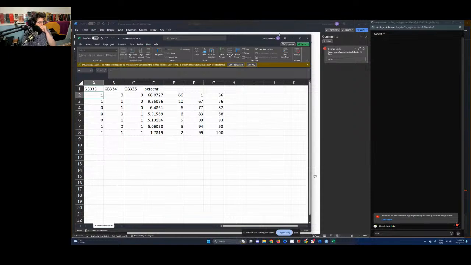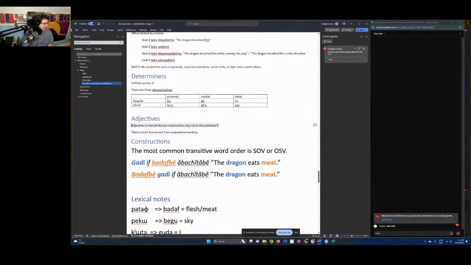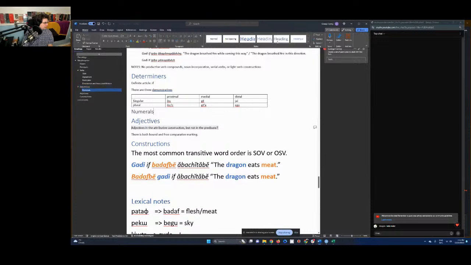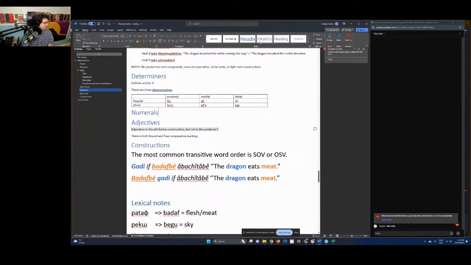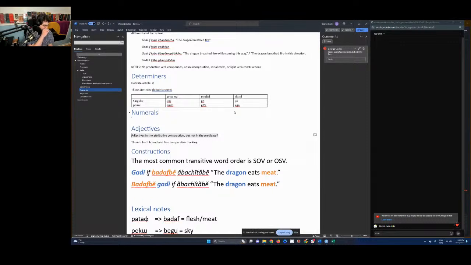So that's what we're going to do, where I'm going to go ahead and put a new section, numerals. I've got to make this a heading.